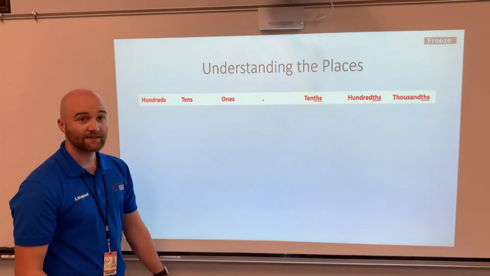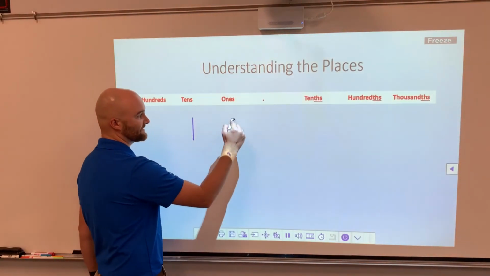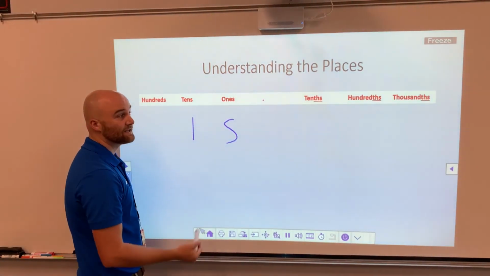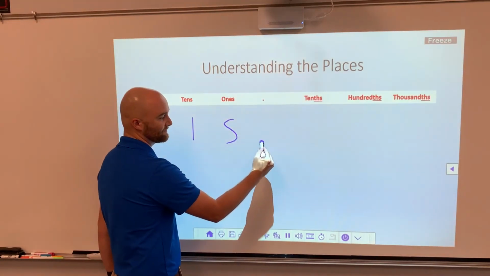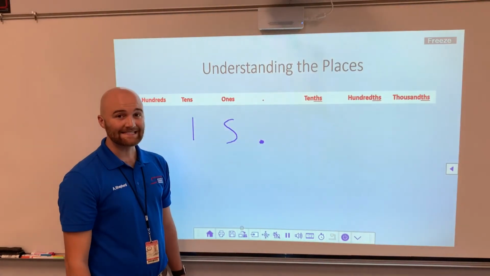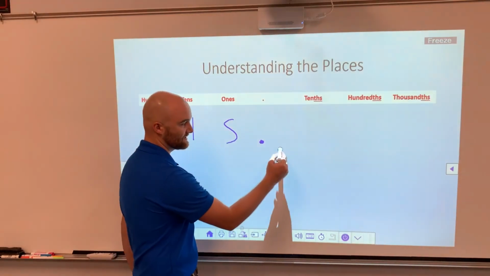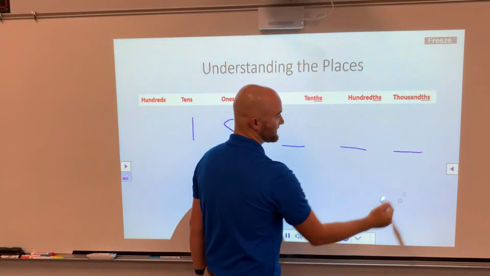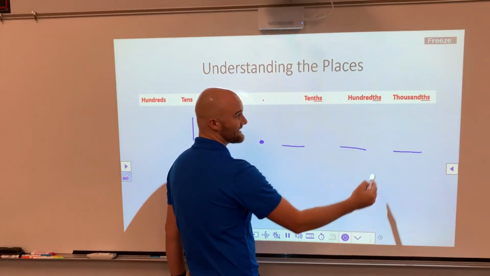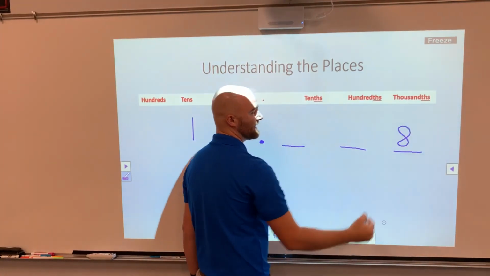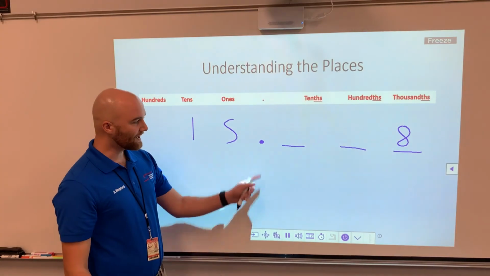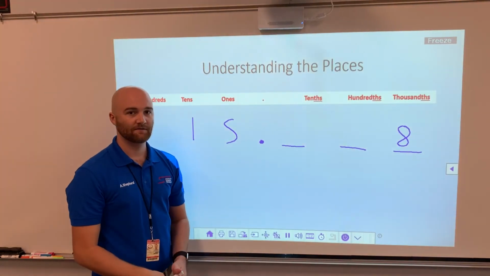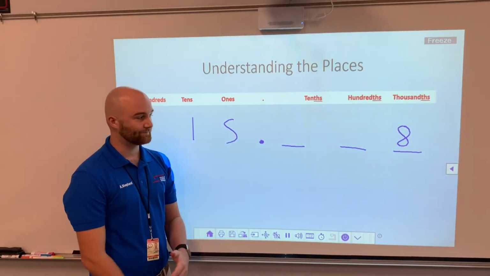Okay, so if I were to write this one down, I would write first 15, that's the easy part. The and tells me I've got a decimal. Then I'm going to go to 8 thousandths. This is the tenths place, this is the hundredths place, this is the thousandths place. So I know I have to write an 8, so it ends in the thousandths place. But what do I do with this empty stuff here? Pause the video and see if you can figure it out.